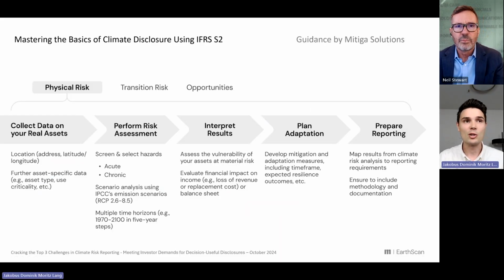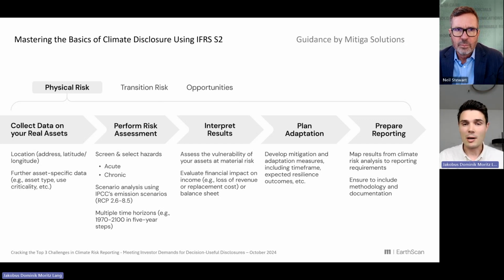really the work that needs to be done when performing a physical risk assessment specifically. So we're zooming in a little bit on some of the requirements that are outlined in the S2, and what we at Mitiga see is that companies typically follow a 5-step approach to ultimately disclose something on their physical climate risk exposure.